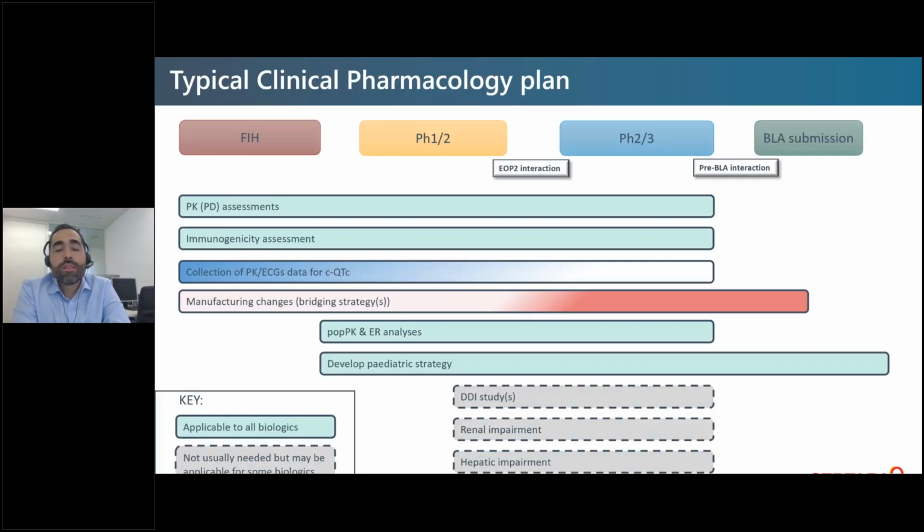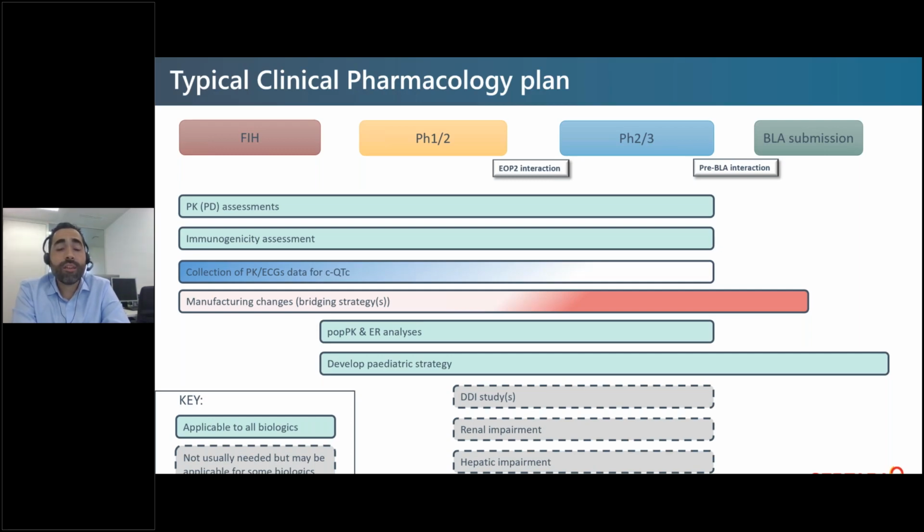Now to conclude this presentation, here you have a general clinical pharmacology plan for biologics. As usual, you need to collect pharmacokinetic and pharmacodynamic data throughout the development, from the early stages to the late stages. The immunogenicity assessment is also important at all stages of the development.